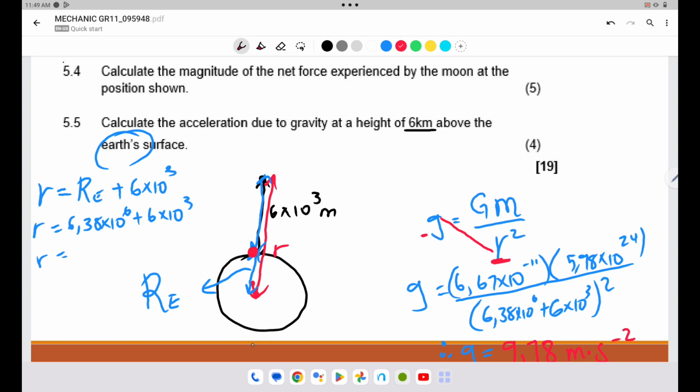So remember that other one was 9.799, and this one is 9.781. So we can clearly see that that is a decrease.